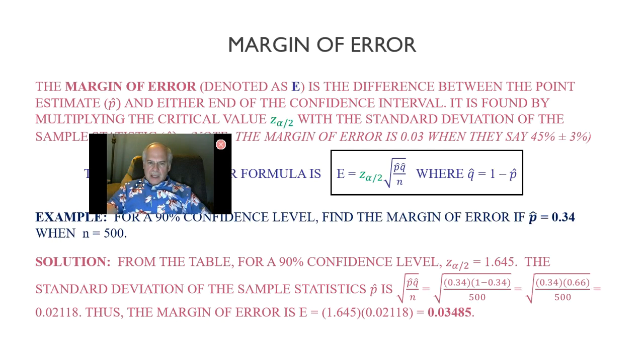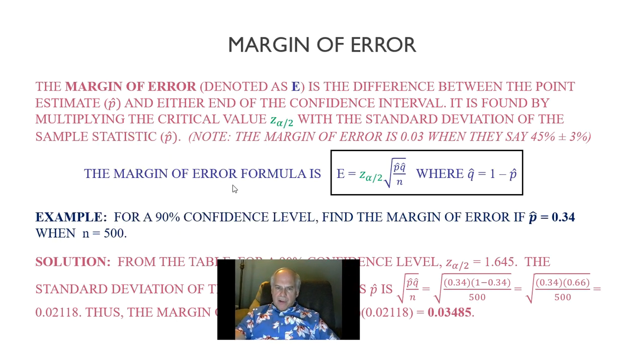Okay, now margin of error, we denote that as E, is the difference between the point estimate and either end of the confidence interval. So from the point estimate, which is p hat, if you measure the distance from that to the upper end of the interval, then that would be E. Or you could measure from the middle to the lower end of the interval, and that would be E. All right.